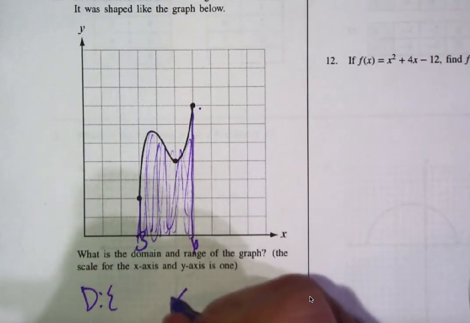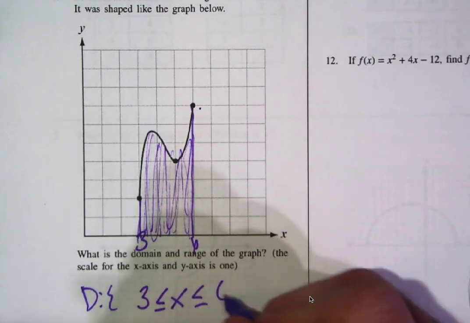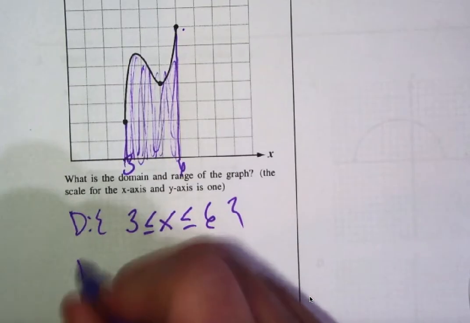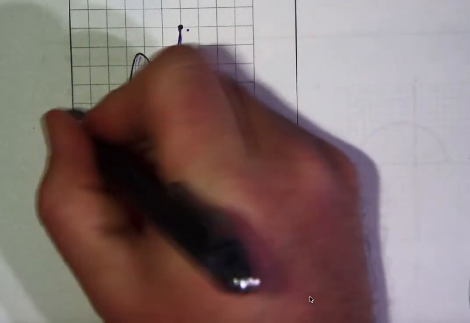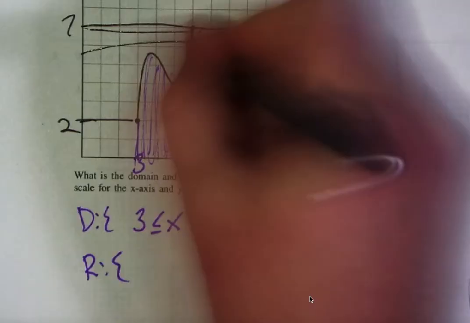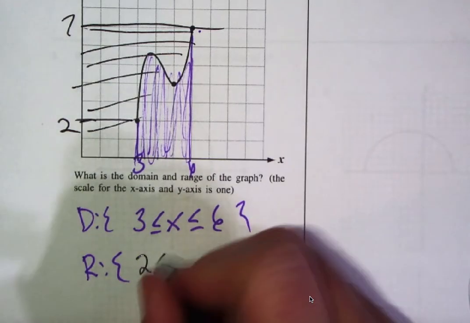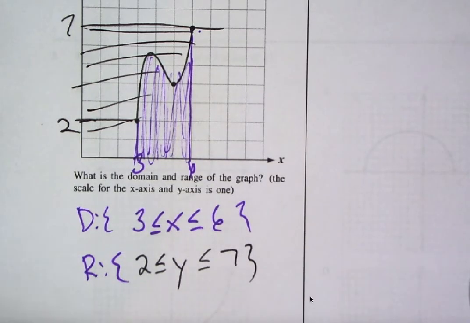So we know we're going to have to use a compound inequality to say everything between 3 and 6. Our range also has a beginning and end point. It begins here at 2 and it ends up here at 7, and everything in between is used too. So we're going to use this compound inequality statement.